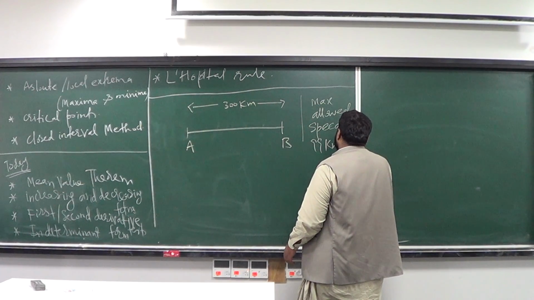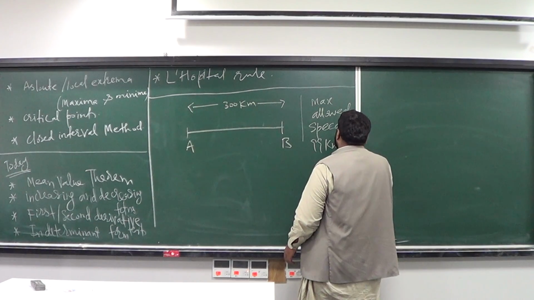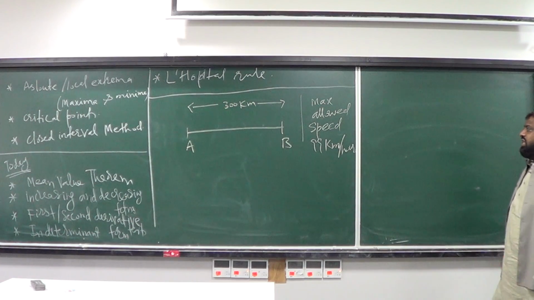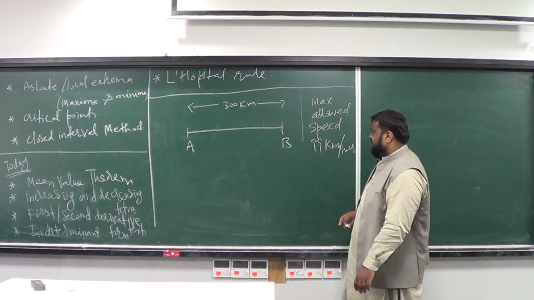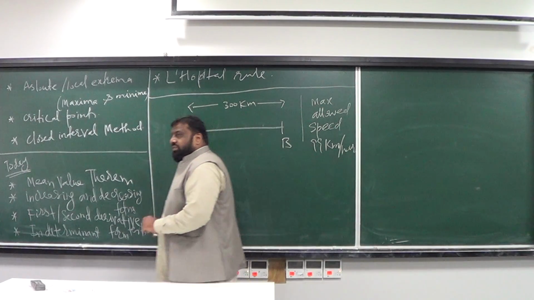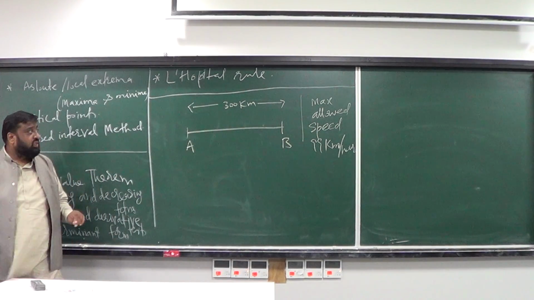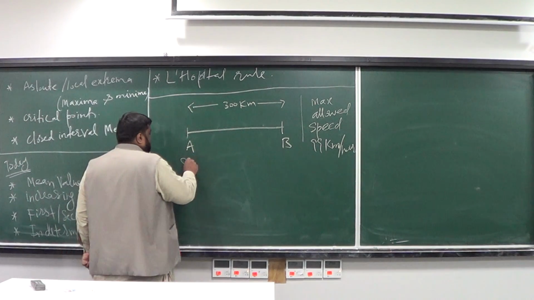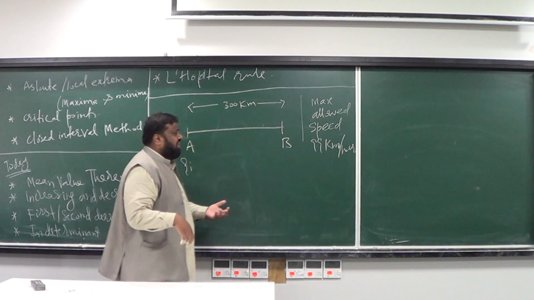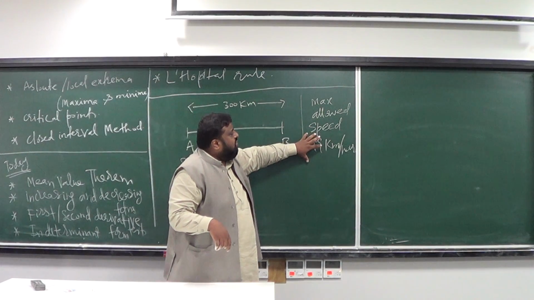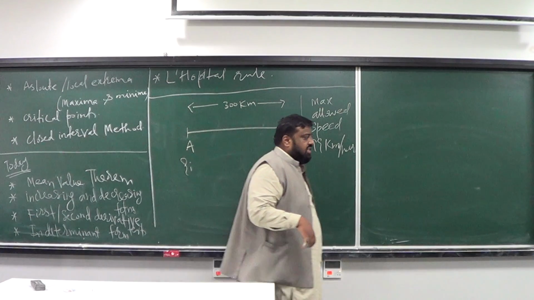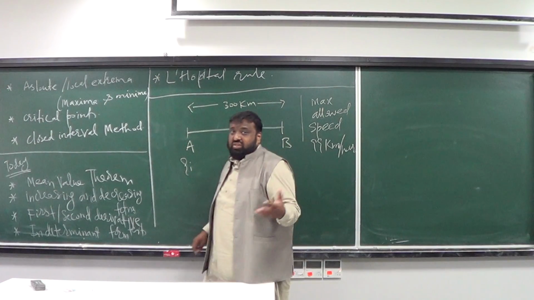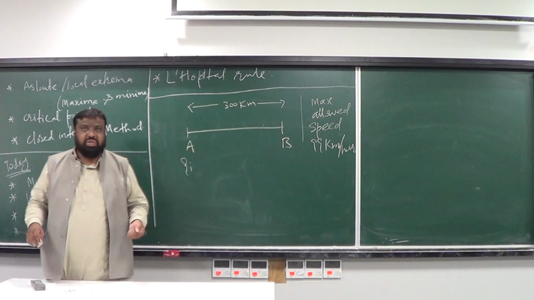So you shouldn't go above 99 kilometers per hour on this road. One thing I should say is that if you go beyond 99 kilometers per hour, you will have a challan of, for example, some 1,000 rupees.